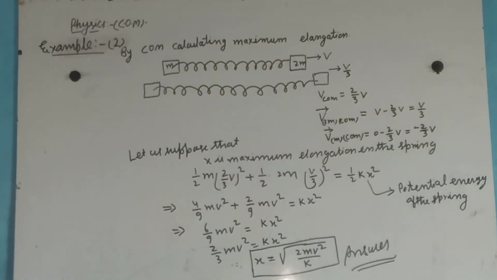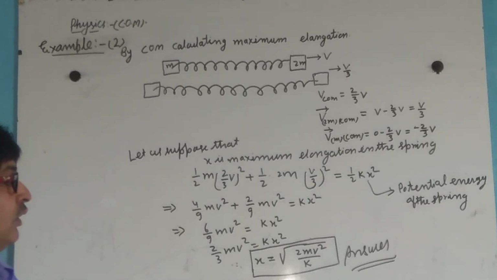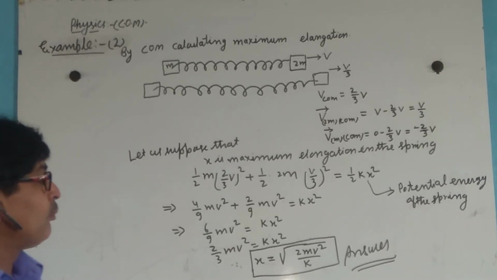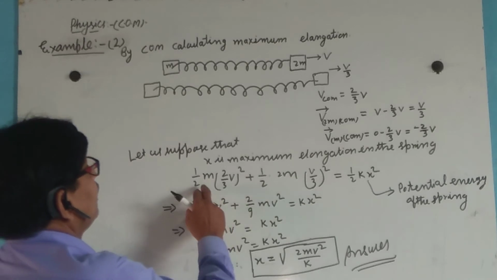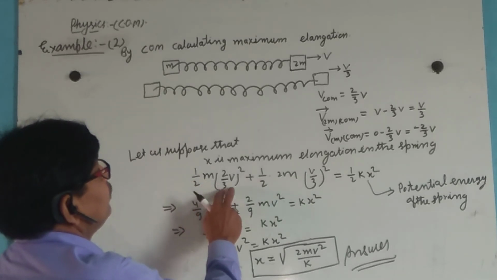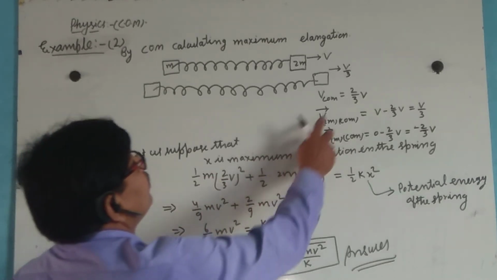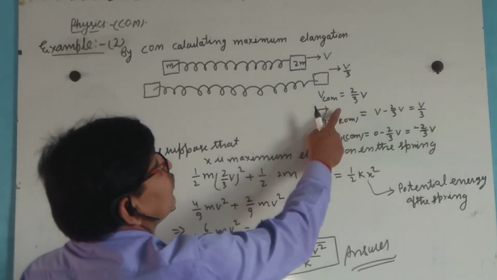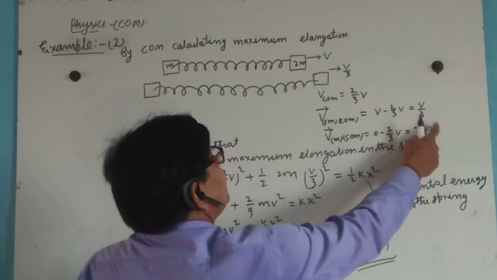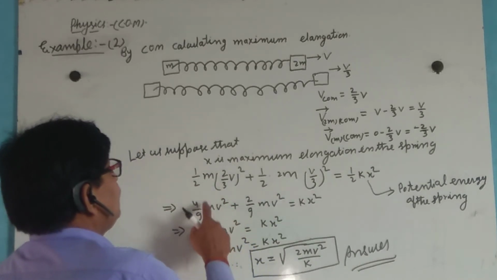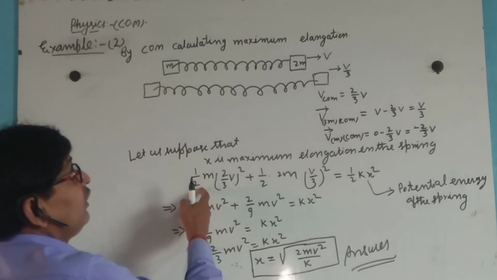Now let us suppose that x is the maximum elongation in the spring. So by conservation of energy, 1 by 2 m v square, where this velocity is 2 by 3 v for mass m, plus 1 by 2 into 2m into v by 3 whole square equals the potential spring energy.